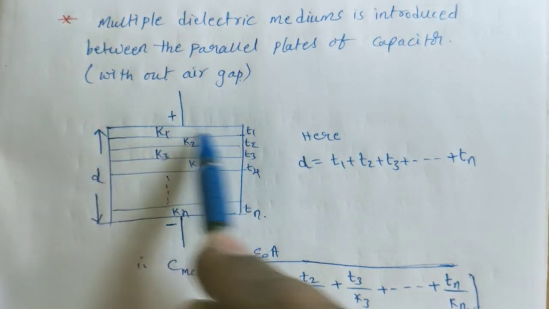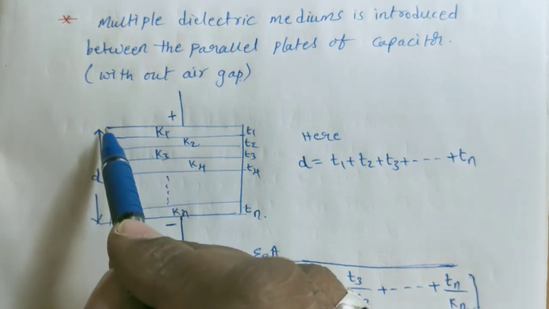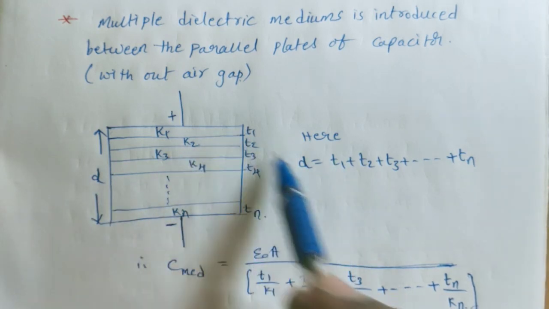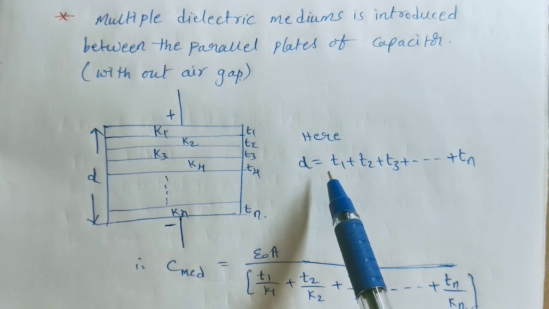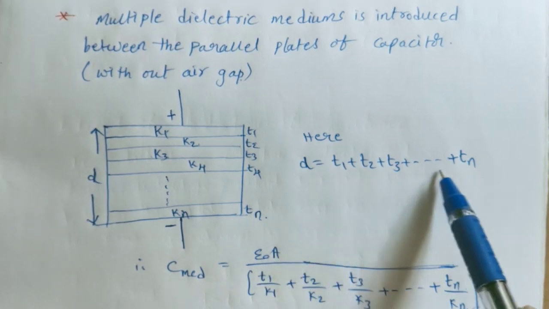This is completely filled without any air gap. So, friends, the distance between the plates is equal to the sum of the thicknesses of the individual slabs: d is equal to t1 plus t2 plus t3 and so on up to tn.